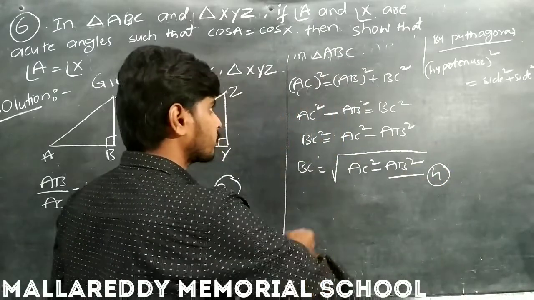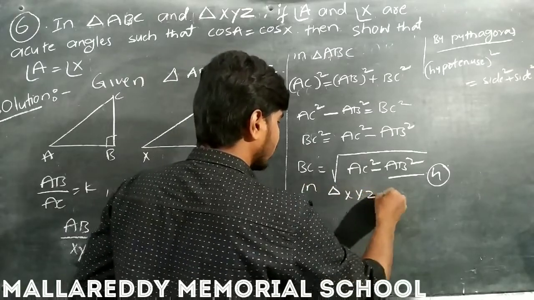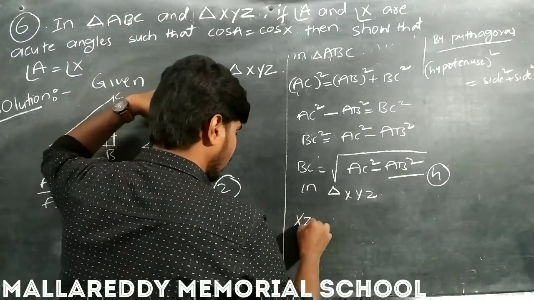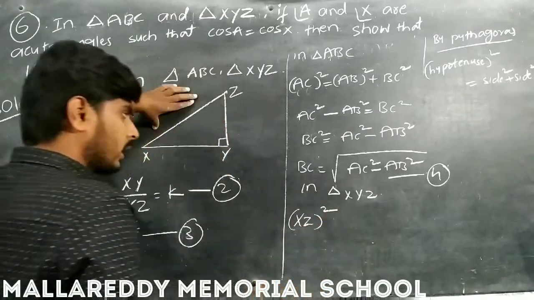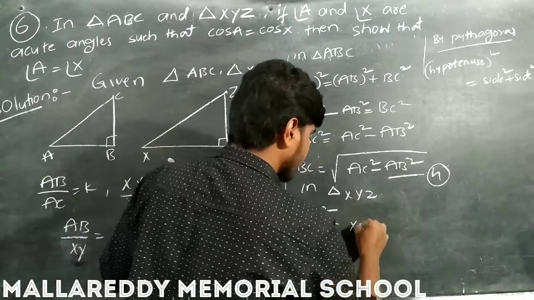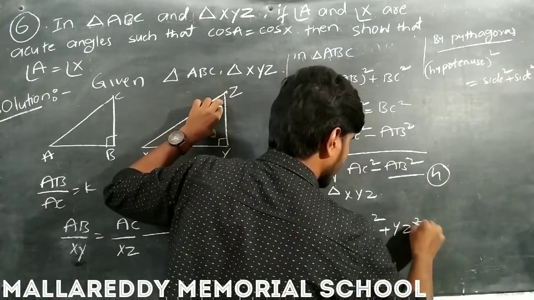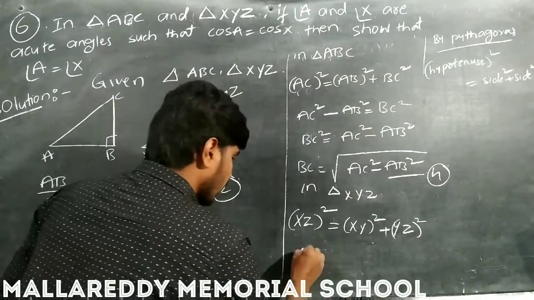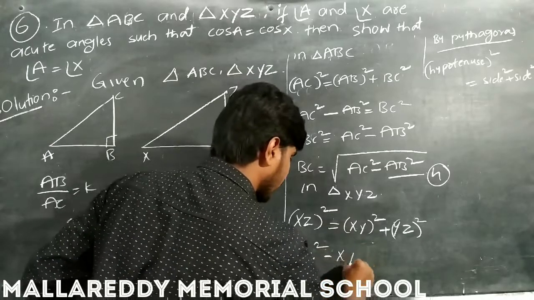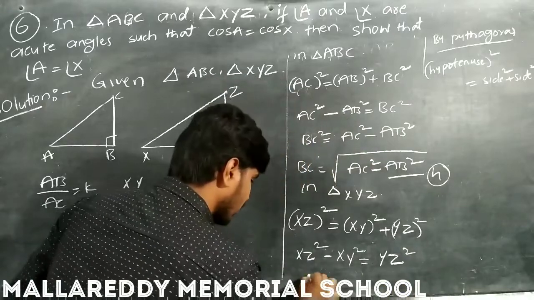Next, in triangle XYZ, what is the hypotenuse? XZ is the hypotenuse. So XZ square is equal to XY square plus YZ square. XY square is transposed to the LHS, and YZ square remains as it is.